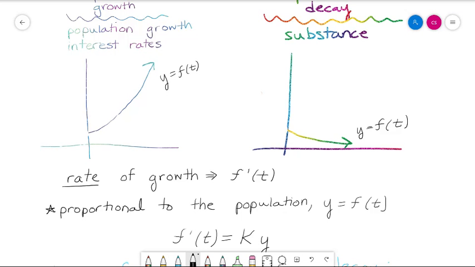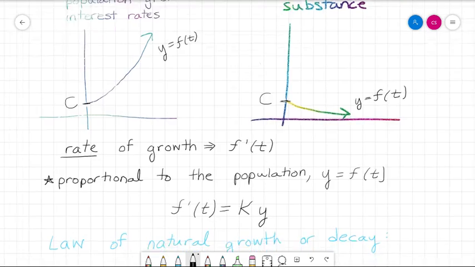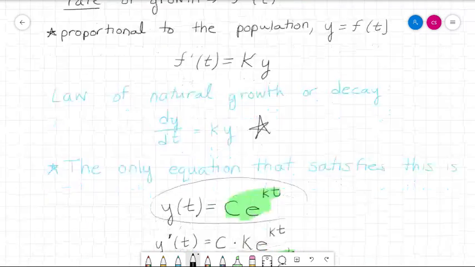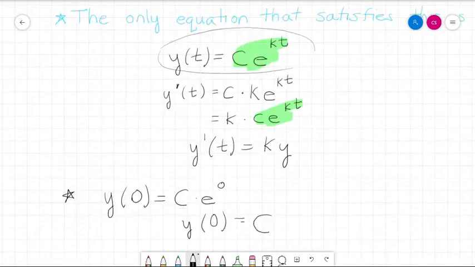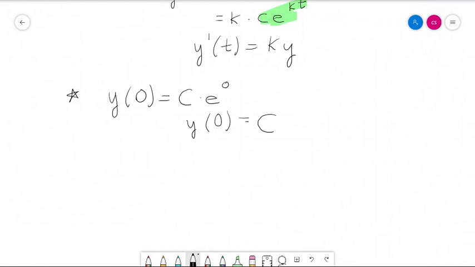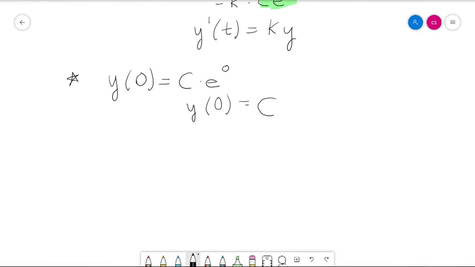So if y of 0 is c, that means c is our initial value, or like our initial population, or our initial investment, something like that. So c is the initial value at time t equals 0.